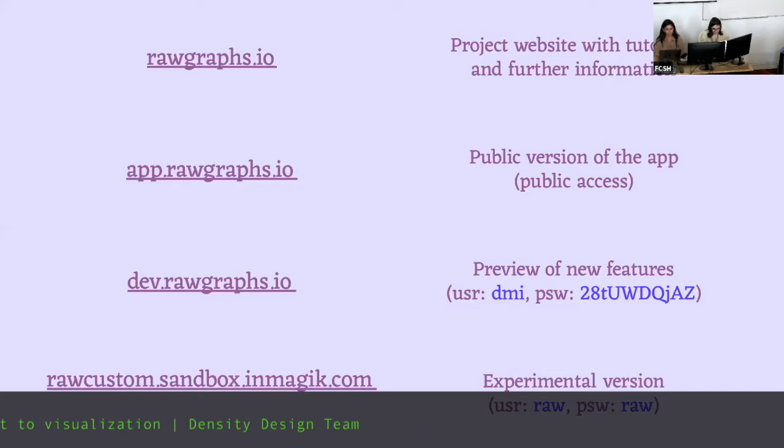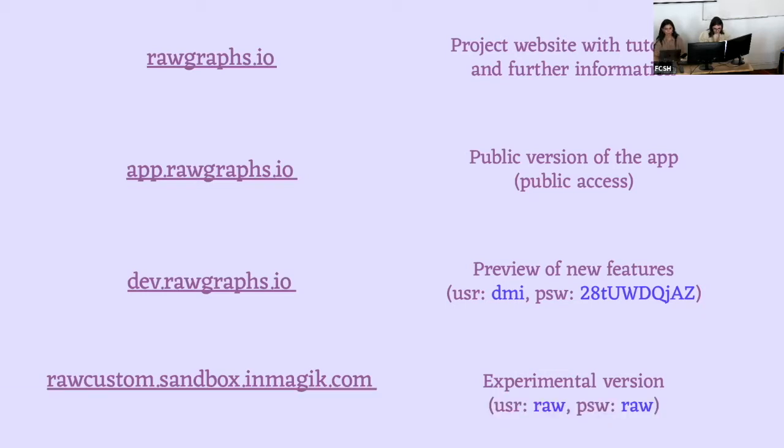The first one is for the project website, and you can find different information like the learning section, tutorial, blog, and other important things to know before using the tool.